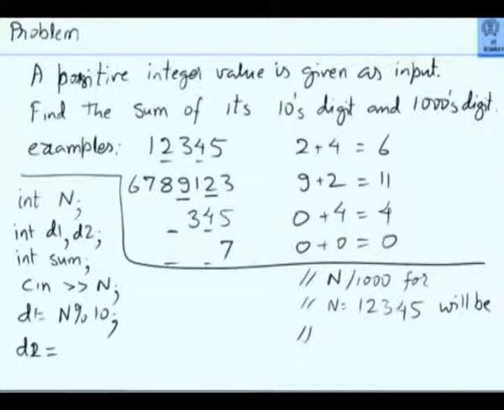So you see, if the number is large, dividing by 1000 will not help, because you will get all the earlier digits there as well after division by 1000.